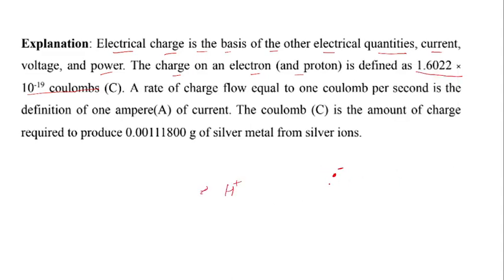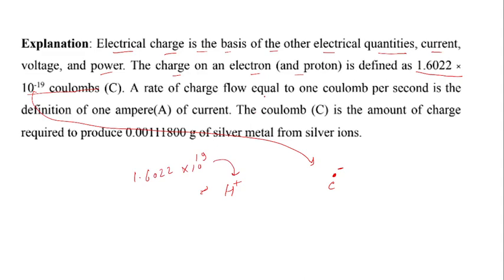Either it is 1 electron or 1 proton, they have a charge of 1.6022 times 10 raised to the power minus 19. Minus 19 is for the electron, and if it is plus, then it is for the proton.